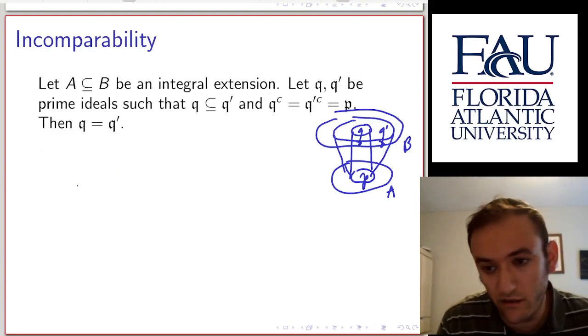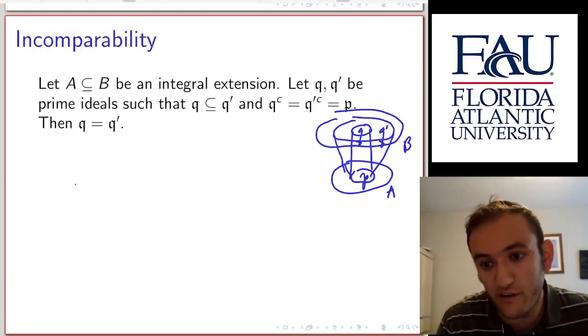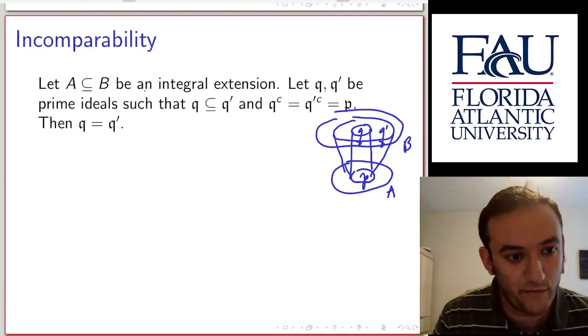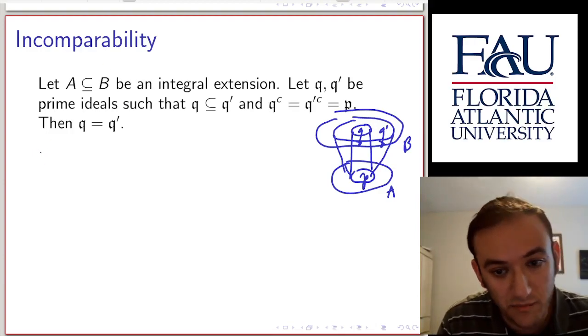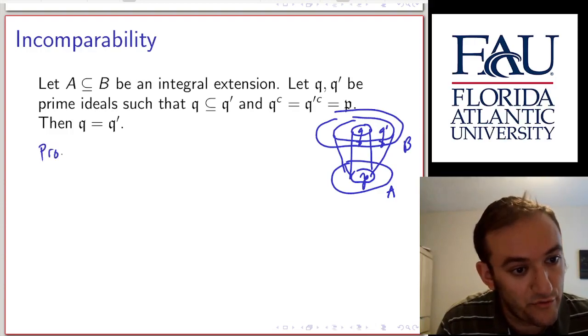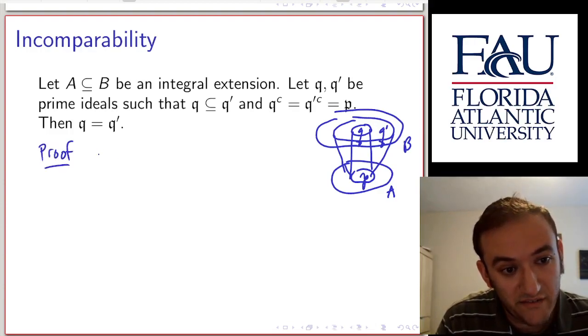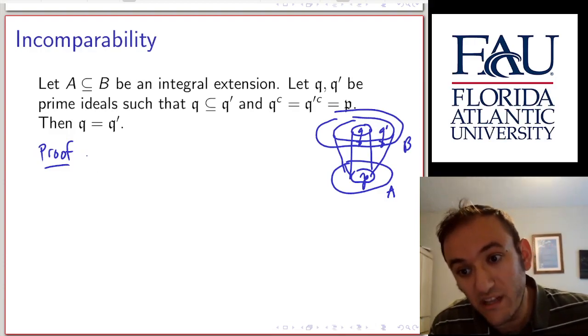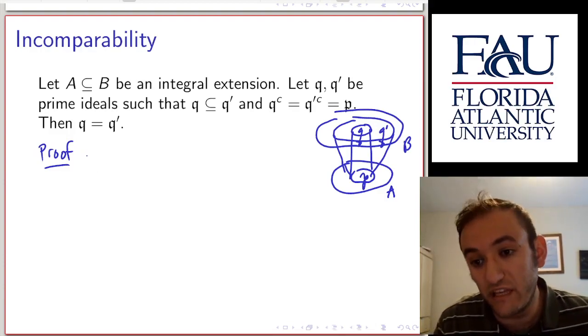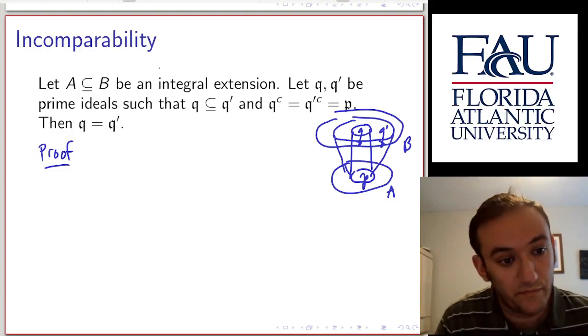So how can we prove this result? Well, we use our main tools, right? Our tools are quotients and localization, so let's localize. The multiplicative set will be A minus P. Okay, so we're basically localizing A at P, and we're using the same multiplicative set for the upper ring as well.